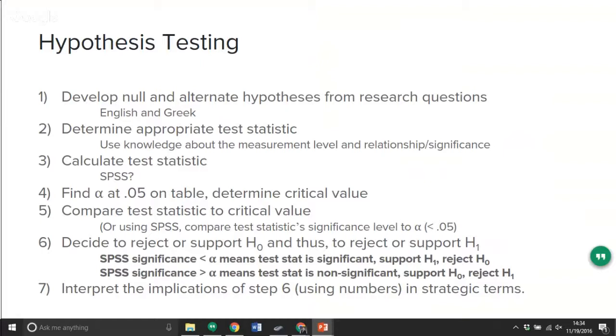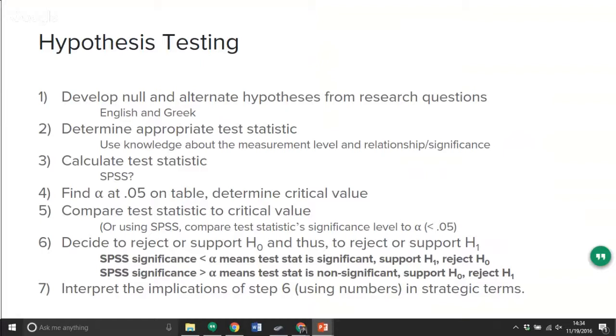And rather than having to go to a table like we used to do, where we would set alpha, a level of significance for setting type 1 error, find alpha on a table, determine the critical value, and compare the test statistic to the critical value, testing in SPSS, and other stat software, but we're using SPSS, allows us to get the p-value. It makes it easier because rather than having to find a critical value, we can just use that as a significance level and compare it to the significance level that we are accepting.